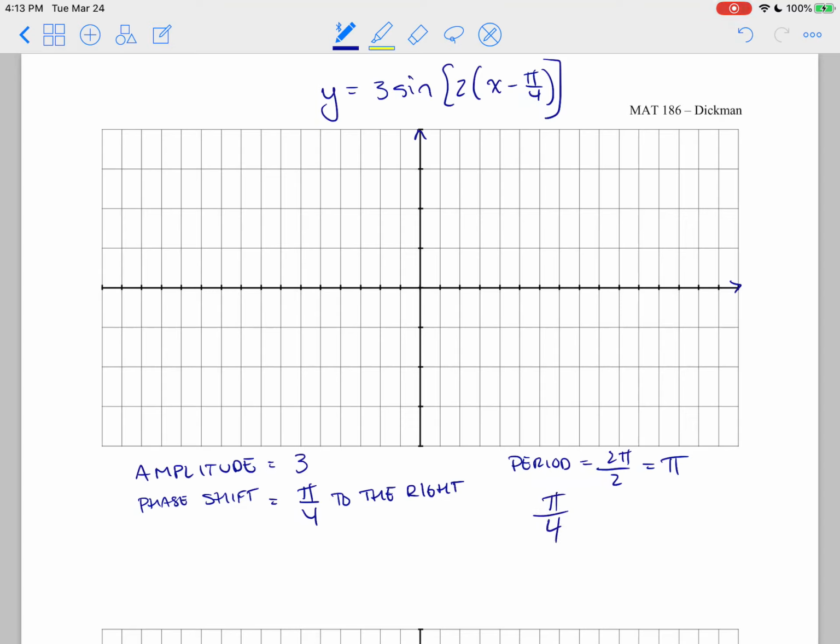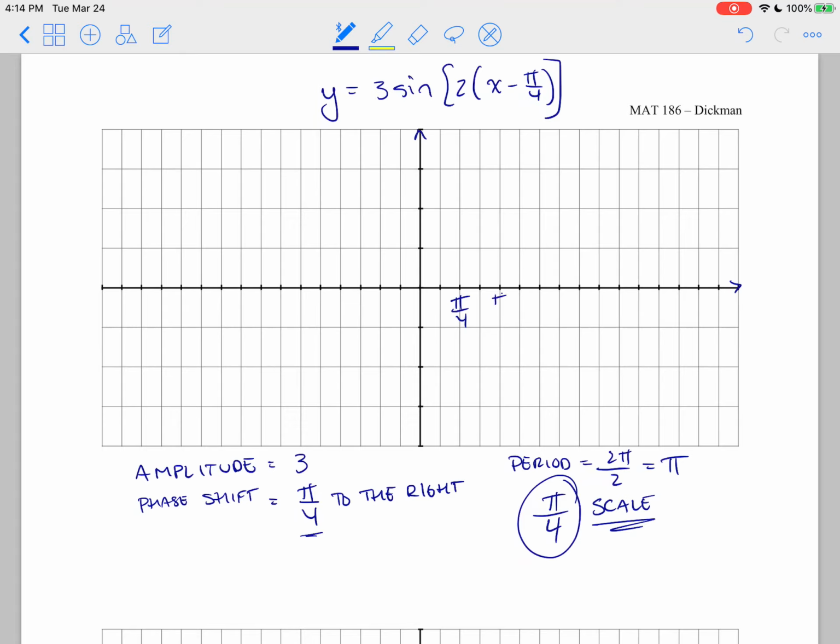So I want pi to be divided into 4 equal parts, which gives me pi over 4 as my scale. That's my first choice for my scale. And if I look at my phase shift, it is also pi over 4, and so the phase shift matches up with the scale perfectly. So that's the scale I'm going to go with.